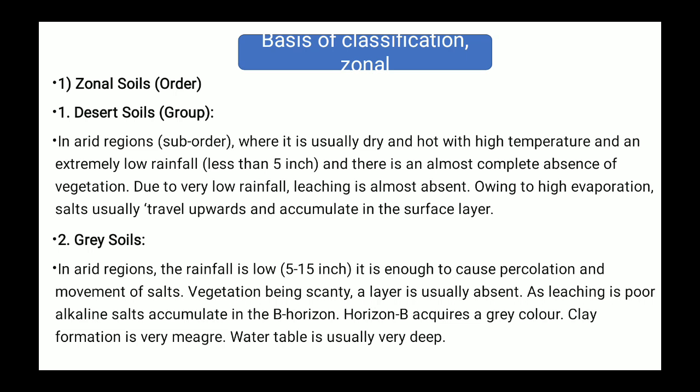The B horizon acquires a grey color, clay formation is very meagre and the water table is usually very deep. This grey soil is present where precipitation is less and temperature is high, and we can find examples near the surrounding area of the deserts.